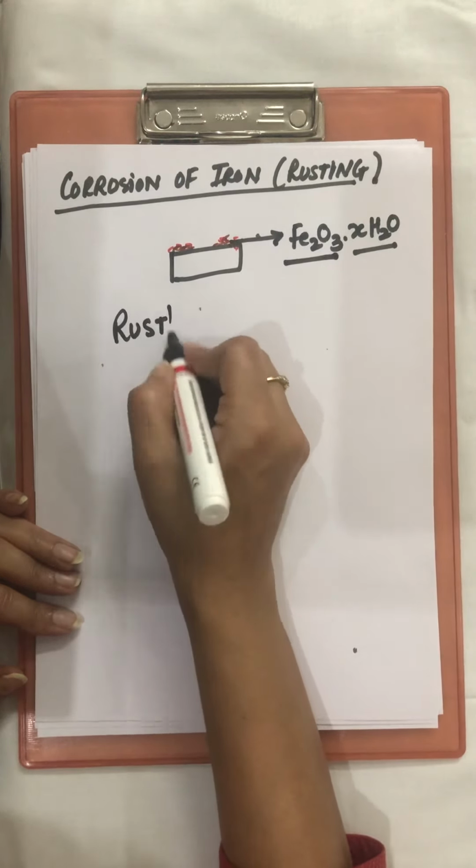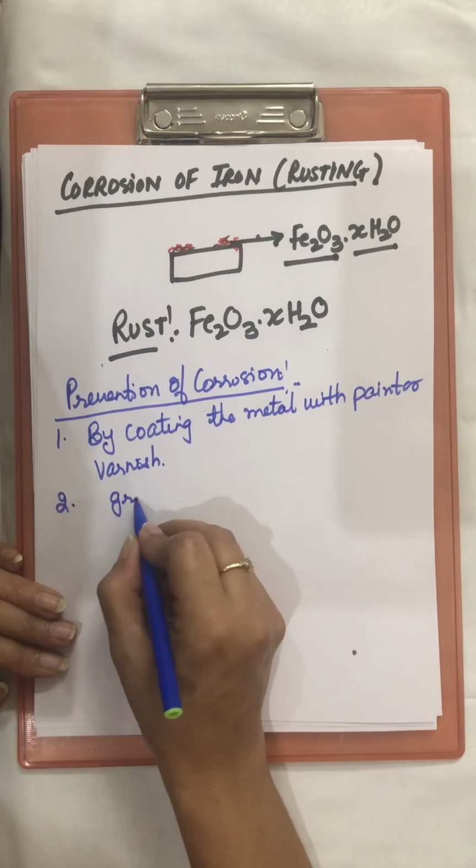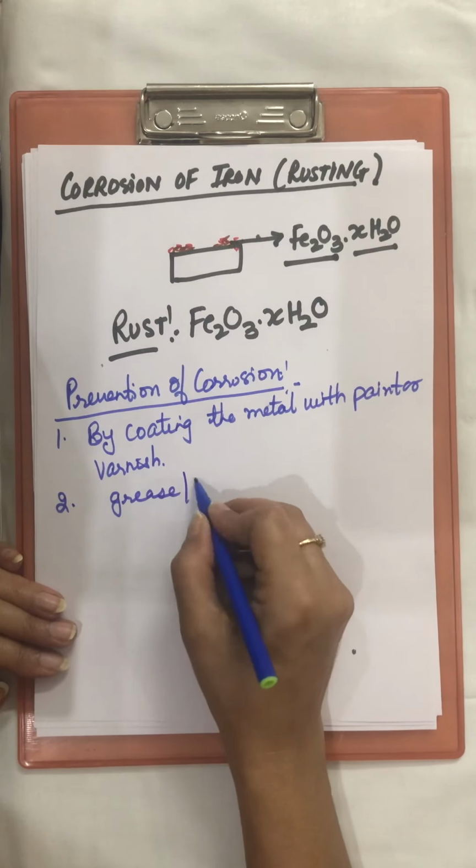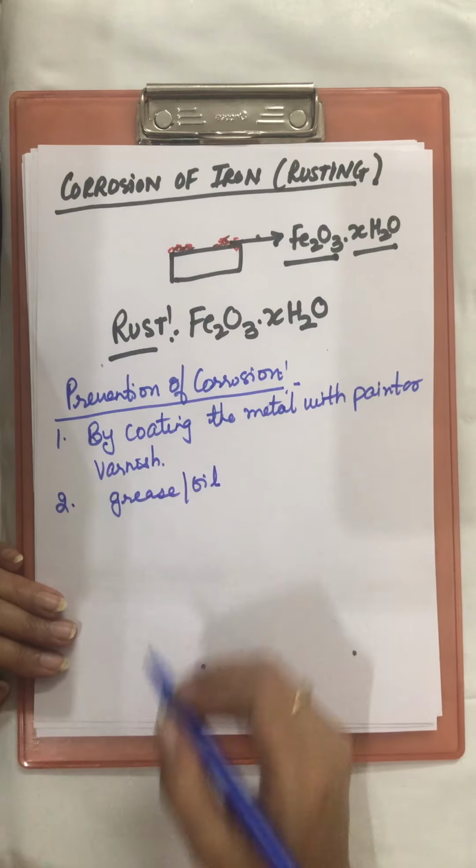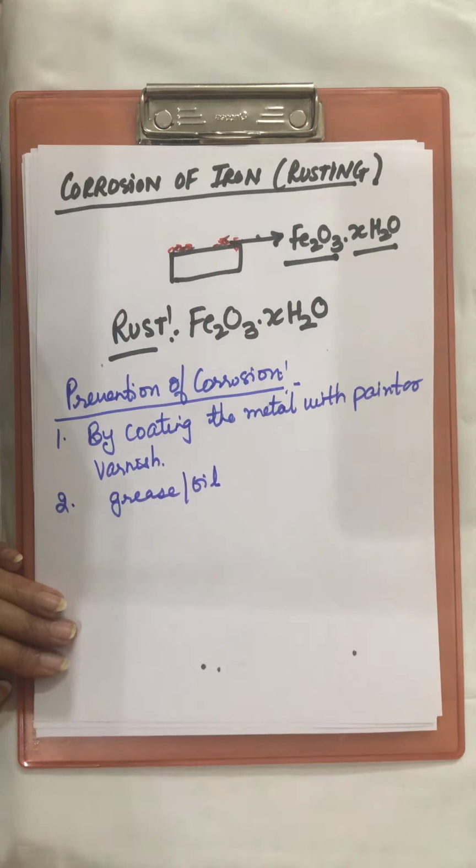Second method: in machines, to the movable parts we can apply grease or oil so that they are away from oxygen, and the machine parts can move easily. The lubrication will be there and there will not be any rust formation.